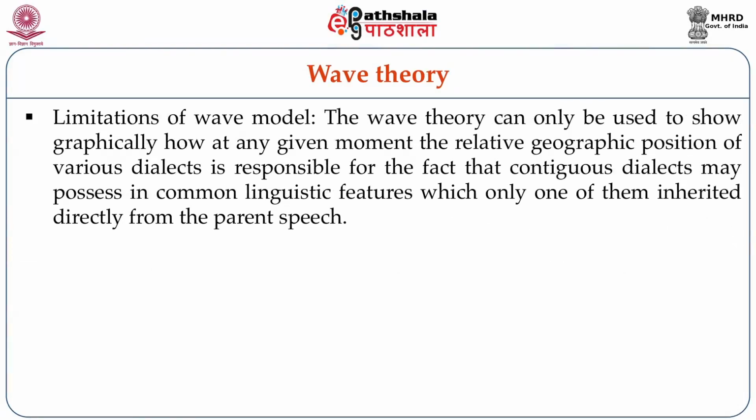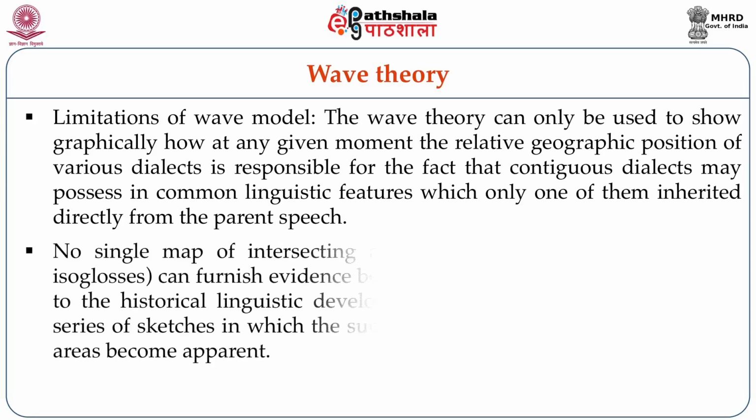Limitations of the wave model. The wave theory can only be used to show graphically how at any given moment the relative geographic position of various dialects is responsible for the fact that contiguous dialects may possess in common linguistic features which only one of them inherited directly from the parent speech.